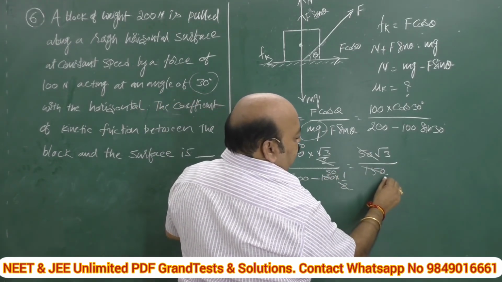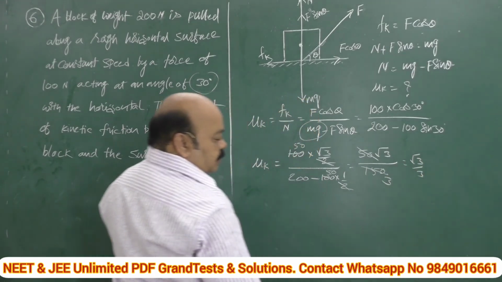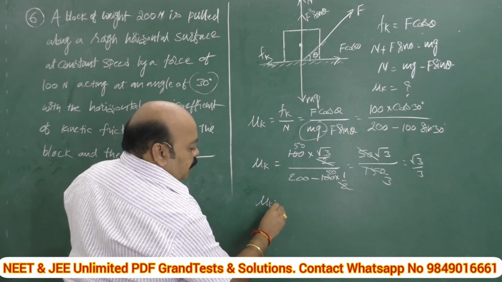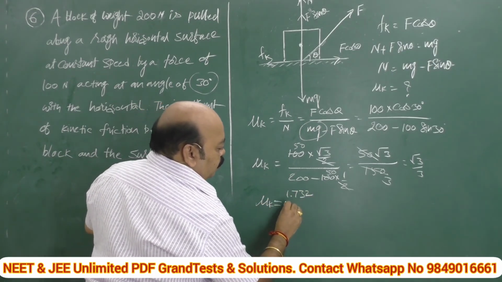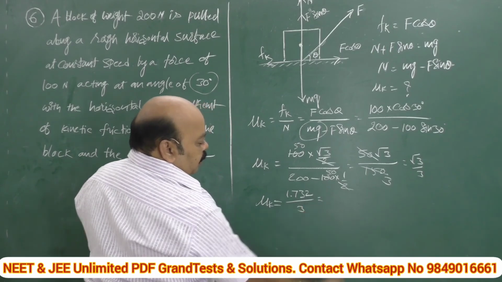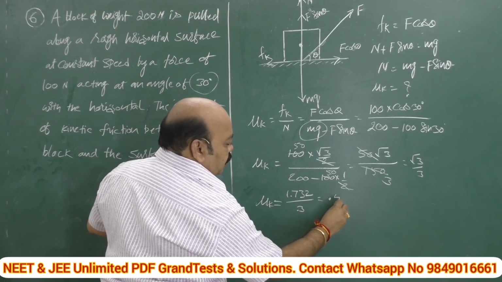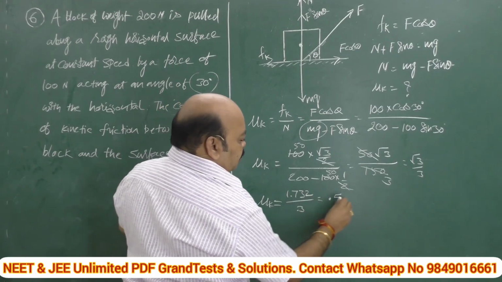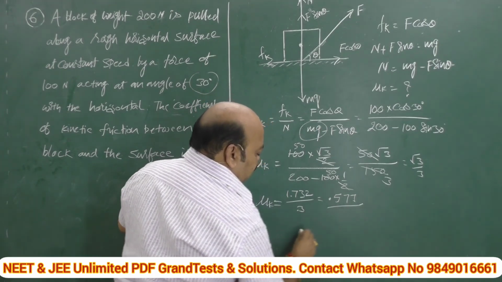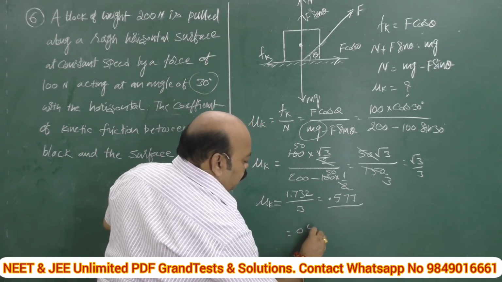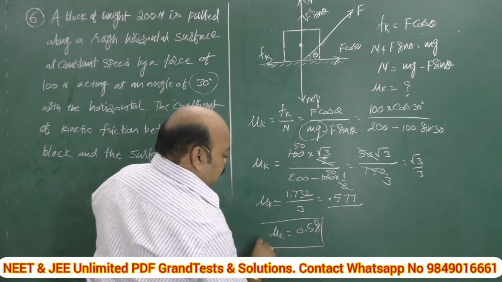This 3 times gets cancelled. So the value is root 3 by 3. Root 3 means 1.732 divided by 3, on division it gives 0.577, nothing but 0.58. It is the coefficient of kinetic friction.